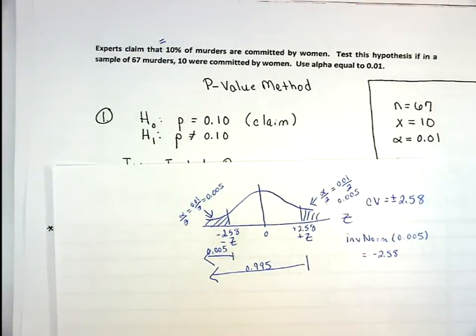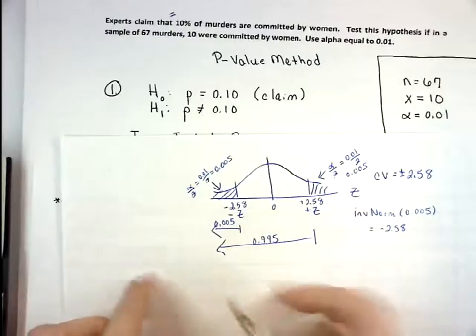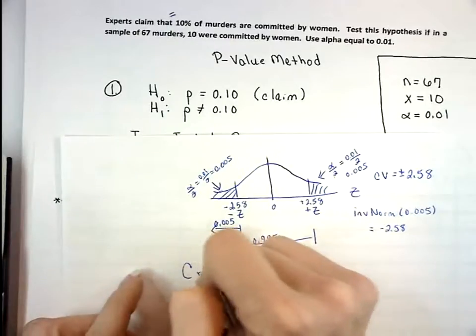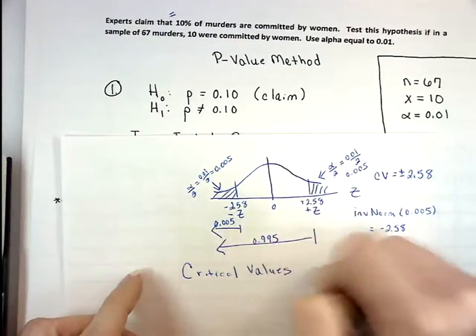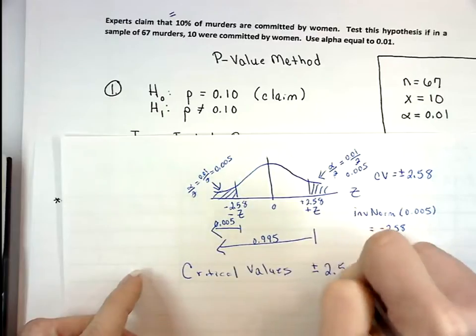Even if you use the table, the 2-page z-table, you would see that it's plus and minus 2.58 for your critical values. So critical values with this traditional method, same problem, plus and minus 2.58.